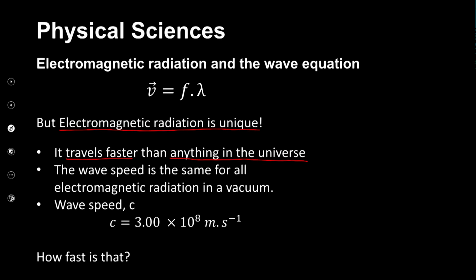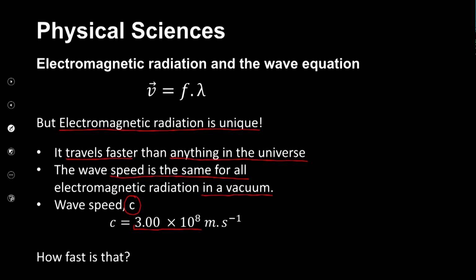Interestingly, and part of why electromagnetic radiation is so unique, is that the wave speed for electromagnetic radiation is the same as long as the electromagnetic radiation is passing through a vacuum. Therefore, all electromagnetic radiation, when passing through a vacuum, travels at the same speed. This speed is quite important, and so it receives its own symbol, c. c is equal to 3 times 10 to the power of 8 meters per second.